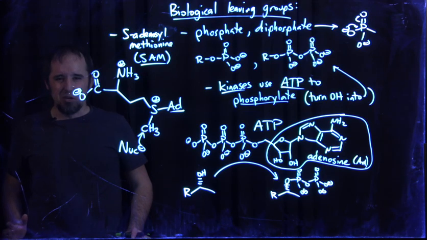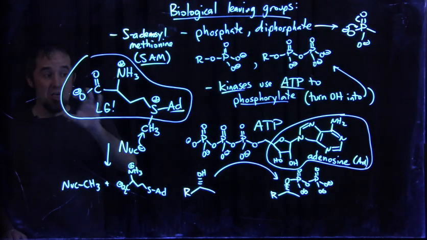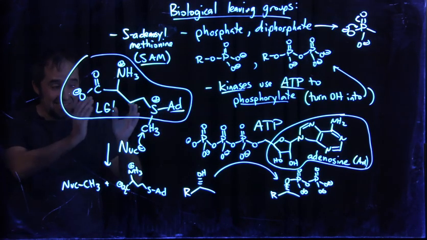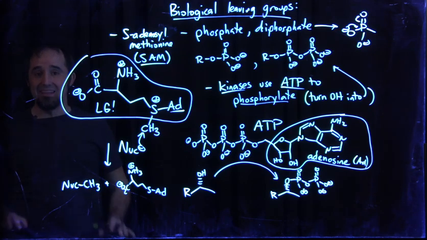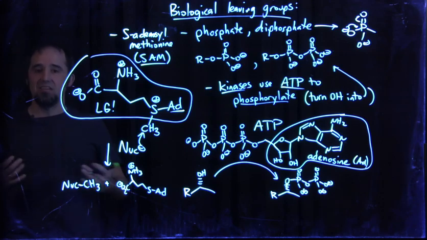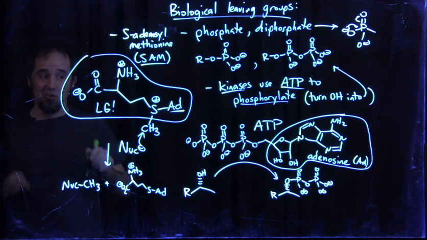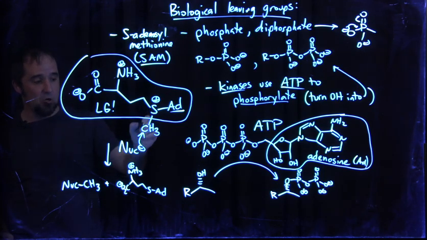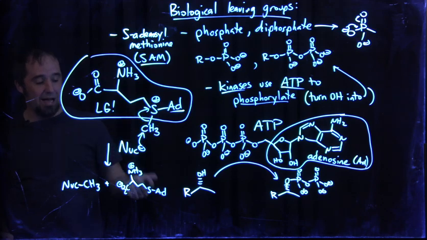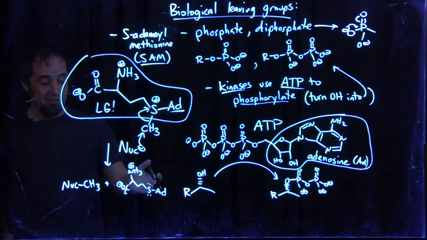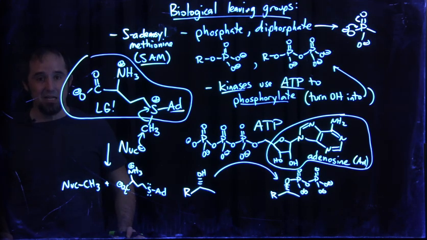So what's my leaving group? My leaving group is this whole thing. So everything in SAM except for the methyl group, you could really think of as a leaving group, right? And it's a pretty good leaving group because it's stable on its own, right? Once I break this S-C bond, that sulfur already has a positive charge. So here, these electrons are going to go back onto sulfur, and now sulfur is a nice, stable, bivalent, neutral molecule.